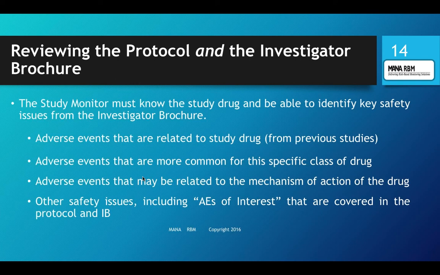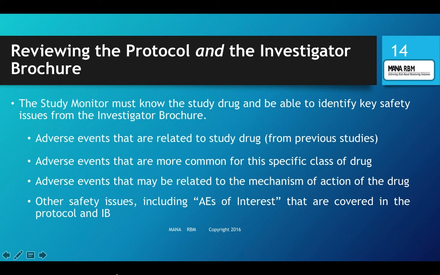And that should be in both the protocol and the IB. But are there other adverse events that are common for this specific class of drugs? Those of you that do trials in depression often know that there's a box warning now around suicide. So if it's an adolescent trial with an antidepressant, do I need to have an index of suspicion for that?